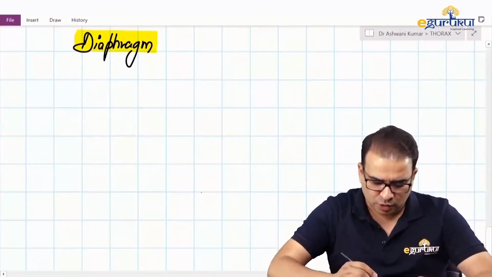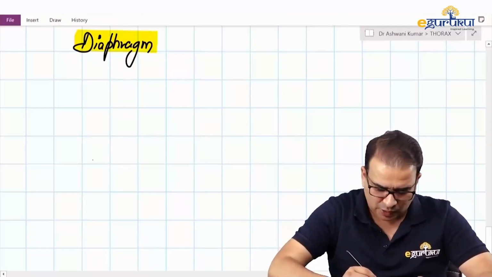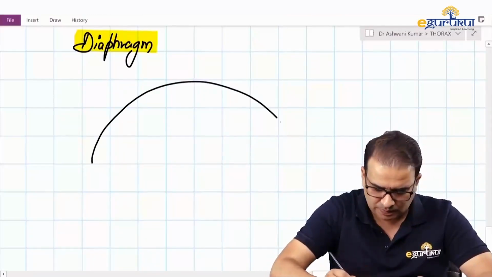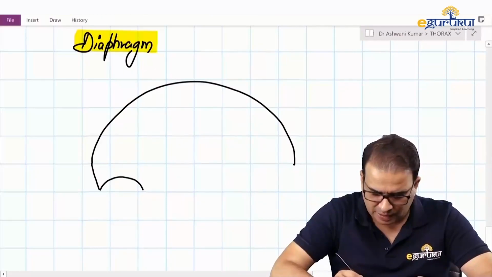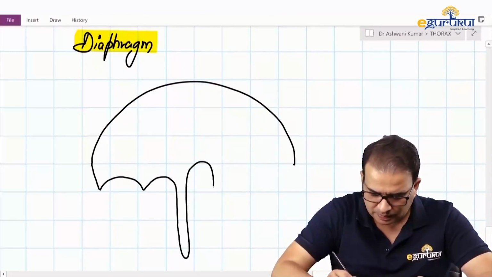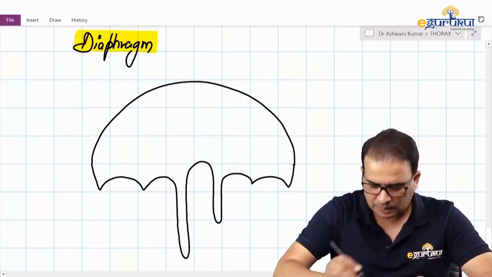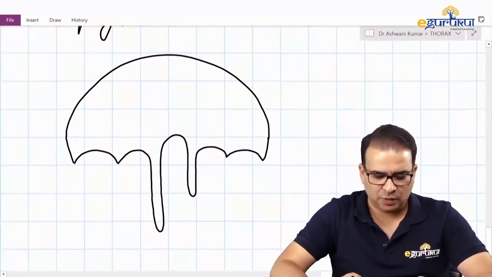So I'm going to go with the same diagram only. So this is how it was. That's a dome that we are looking at. Then we have the lateral arcuate, the medial arcuate ligament. This is a long right crus. This is a left crus. There we go. That's how we saw that.